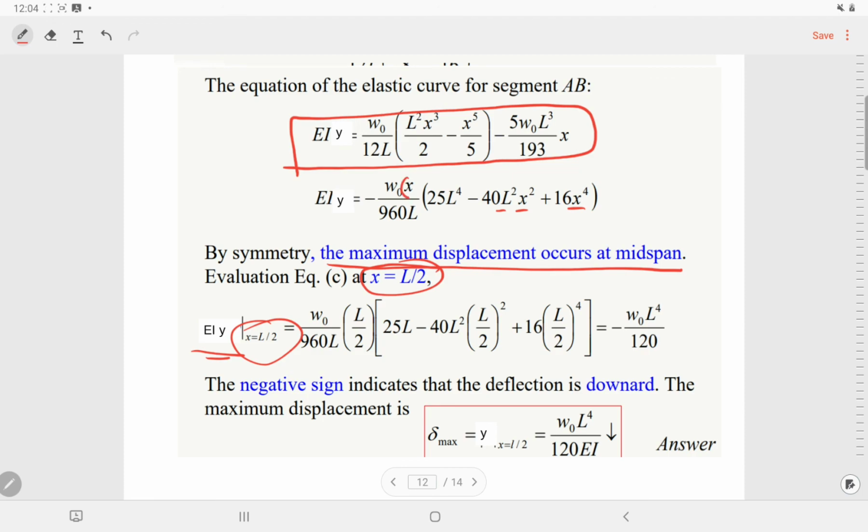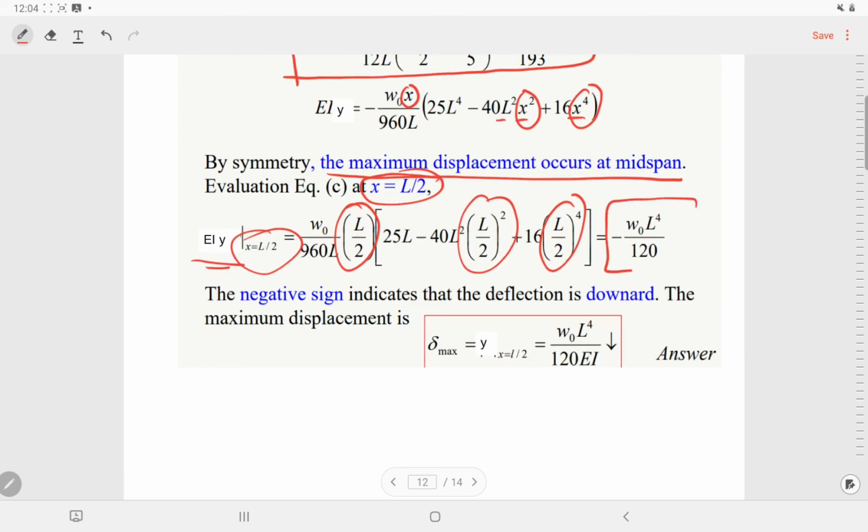Just replace x by L over 2: x squared becomes L over 2 squared, and x to the power 4 becomes L over 2 to the power 4. So the answer is going to be negative W naught L to the power 4 divided by 120. This negative means the deflection is going to be downward, which is correct. Okay, this is the answer.